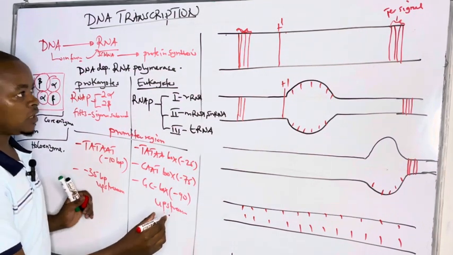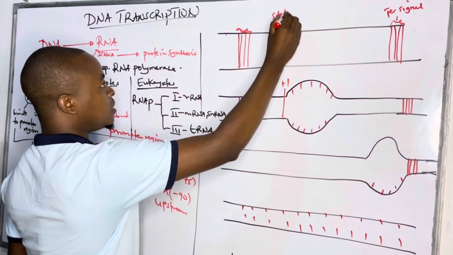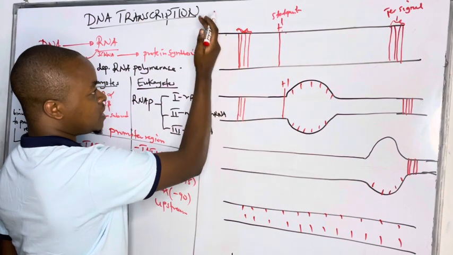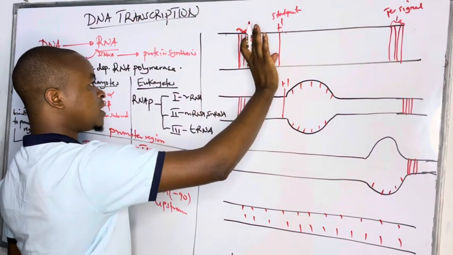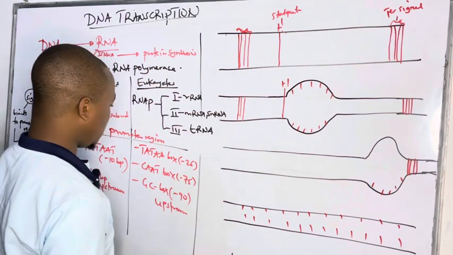Upstream means it is before the start point. If the start point is here, the promoter regions are base pair units upstream, and from the start point it is downstream.